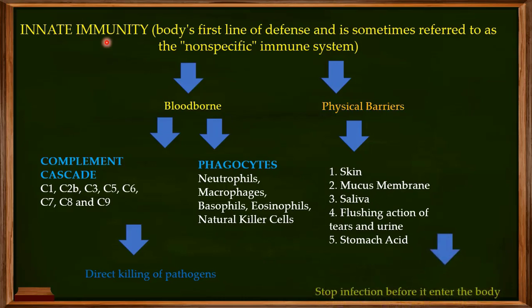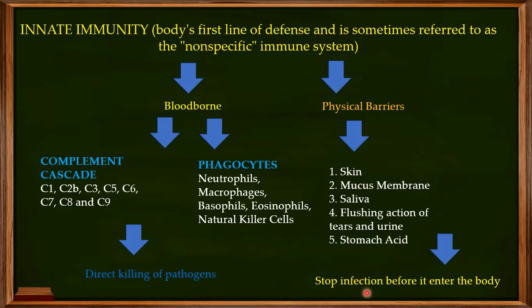The action of these physical barriers is that they are stopping the infection before it enters into the body. So the skin is working as a barrier for the entry of the pathogenic microorganism, for example, or the mucous membrane again is acting as a barrier for the entry. So these physical barriers are stopping the infection before it enters into the body.